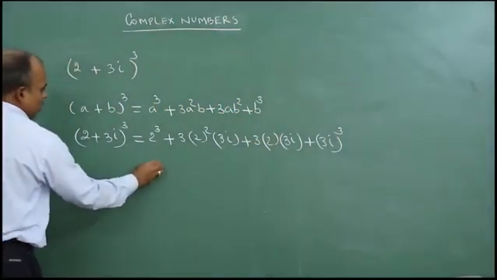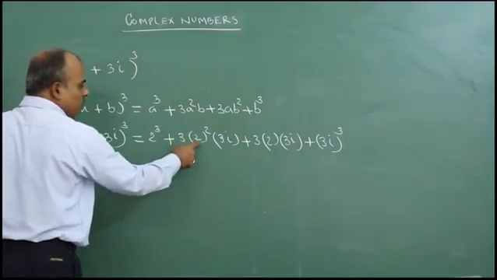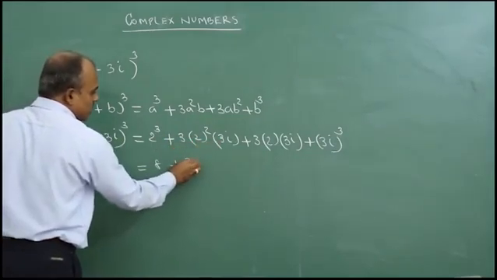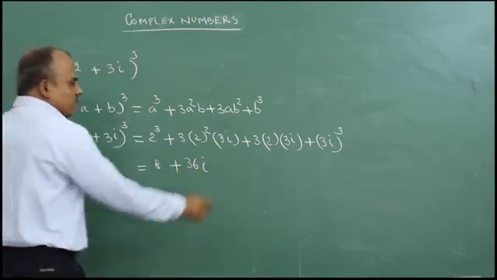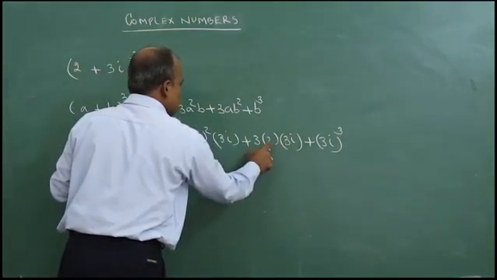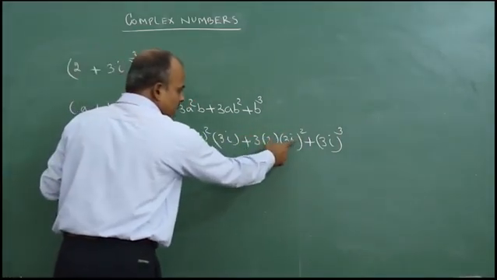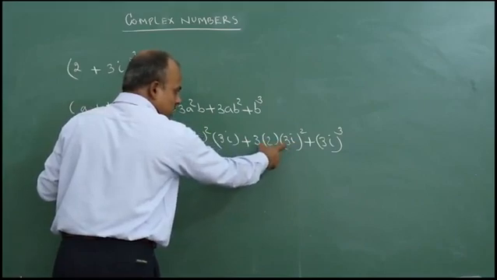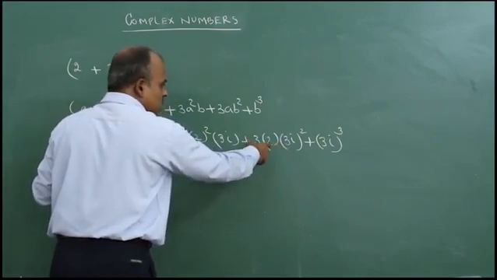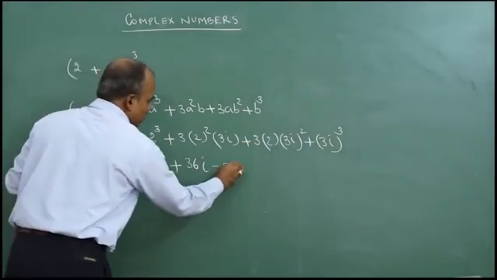It gives 2 cube is 8 plus 3 into 4 is 12, 12 into 3 is 36i. Similarly, here 3 into a b square, this is 3 into 2 into (3i) whole square. So 3 square is 9, i square is minus 1, so minus 9 into 2 is minus 18, so minus 18 into 3 is minus 54.